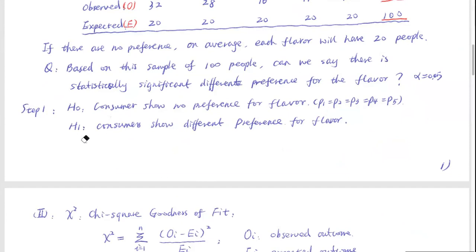That means H1 is right. Why do we care about H1? H1 is the claim. The claim is trying to see, based on the sample of 100 consumers, can we say there's a significant difference in those consumers' flavor preference? The answer is yes, H1 is right. We have 95% confidence to say that.